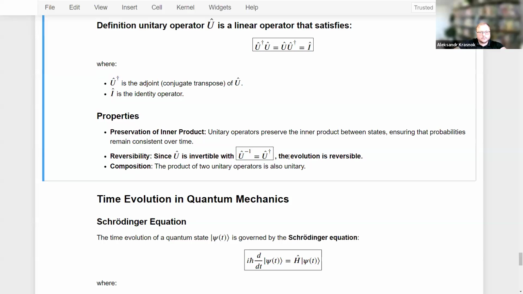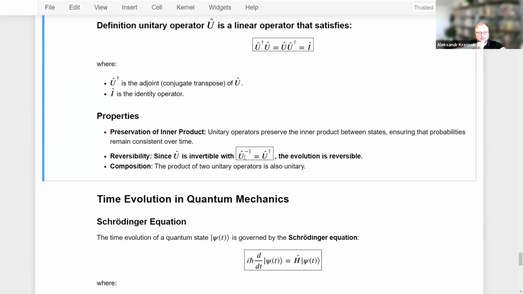So what does it mean and why is it so important? If an operator represents some sort of transformation, some kind of rotation of a state vector, for example, the opposite, reversed operation is given by the inverse matrix U minus 1.